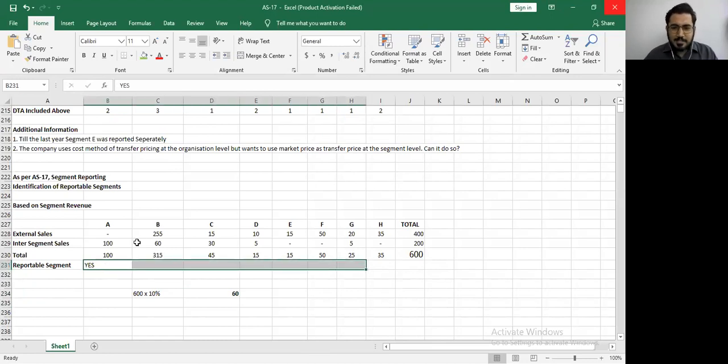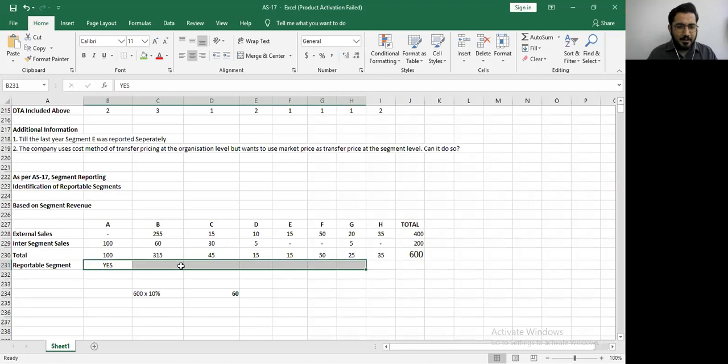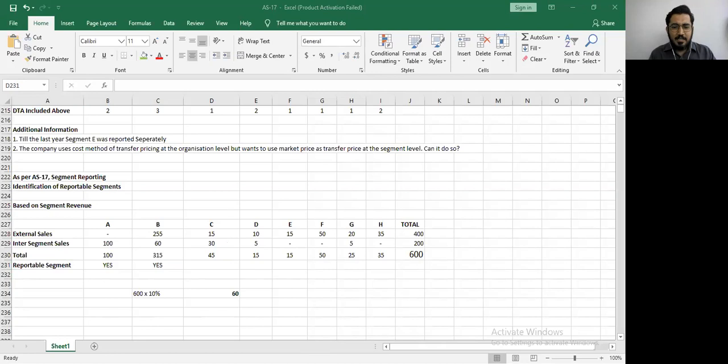Fine. What about segment B? Are separate disclosures required for segment B? Of course, yes, because it exceeds the 10% criteria. What about segment C?